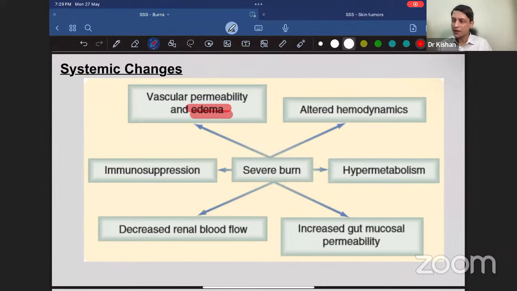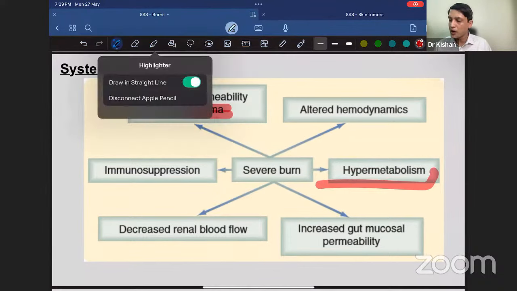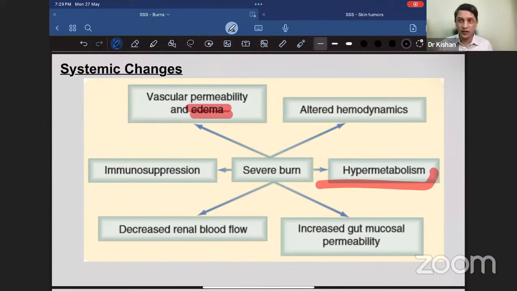That's the hemodynamic instability. The third thing: the patient may go into a hypermetabolic state, because it's actually a catabolic state. Everything is getting lost: glycogenolysis, proteolysis, lipolysis, everything is happening. The metabolic rate is increased because it's an emergency state in the body.